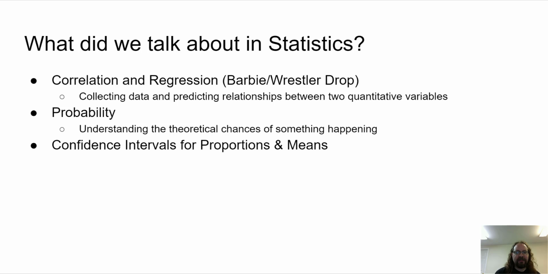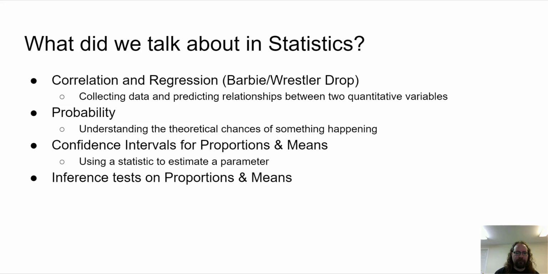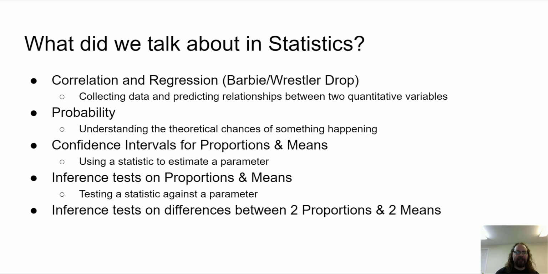We did confidence intervals for proportions and means, which is using a statistic to estimate a parameter. We talked about inference tests on proportions and means, which is testing a statistic against a parameter. And last, we did inference tests on differences between two proportions and two means, which is testing a statistic against another statistic. Each of these topics has to do with inferring relationships and making predictions.